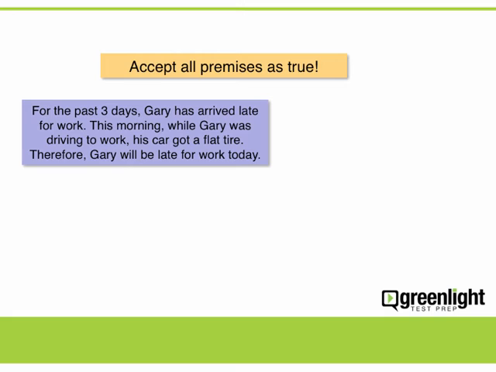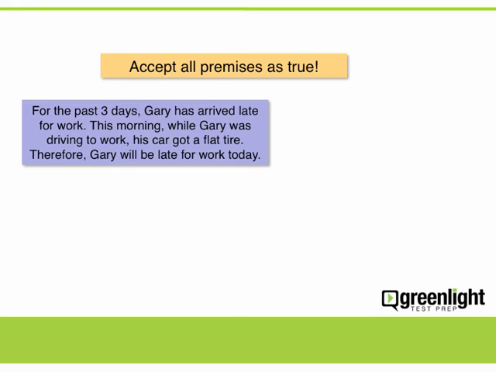So when determining the strength of the original argument involving Gary, we cannot question the truth of the premises. For example, we can't say that this is a weak argument because Gary did not get a flat tire, or that Gary was not late to work for the past 3 days. These premises must be accepted as true.